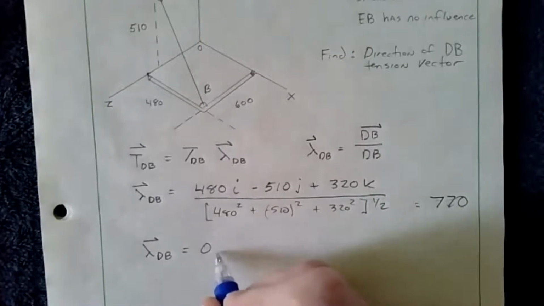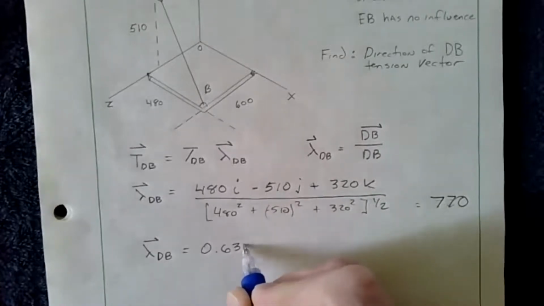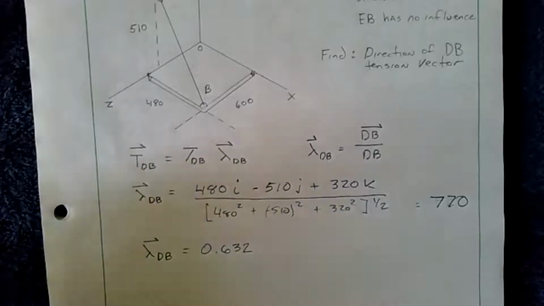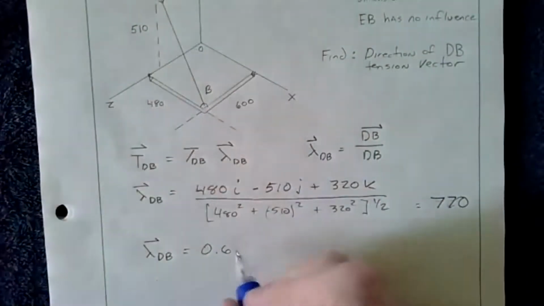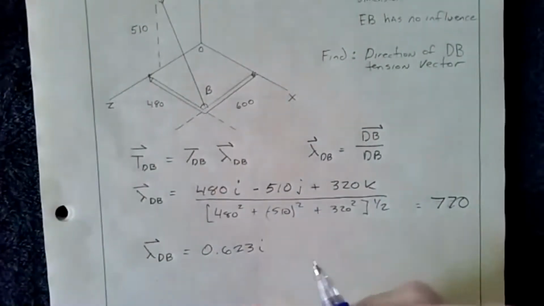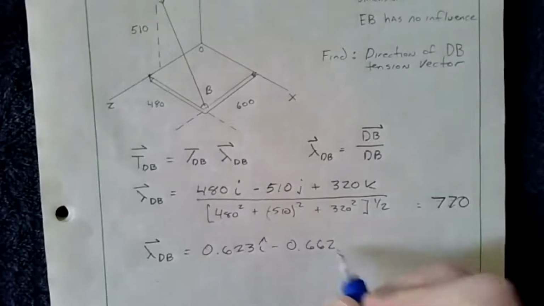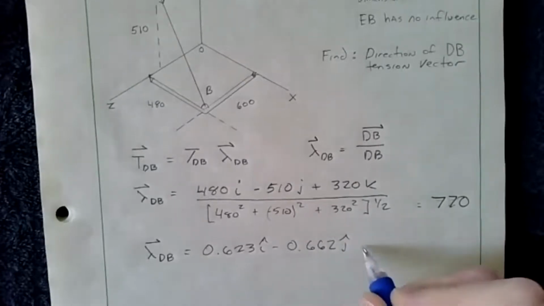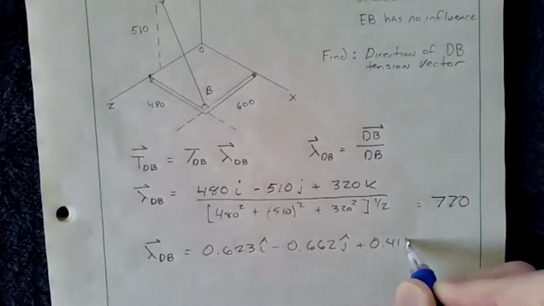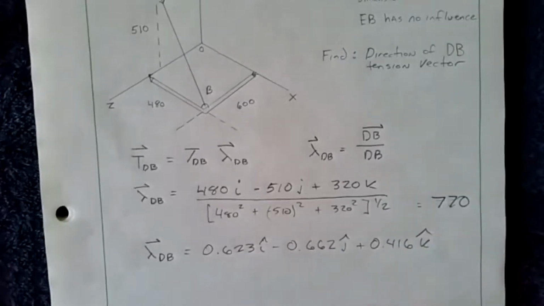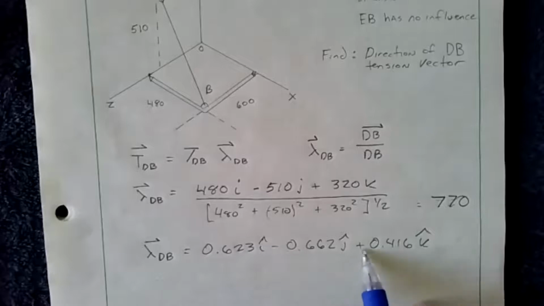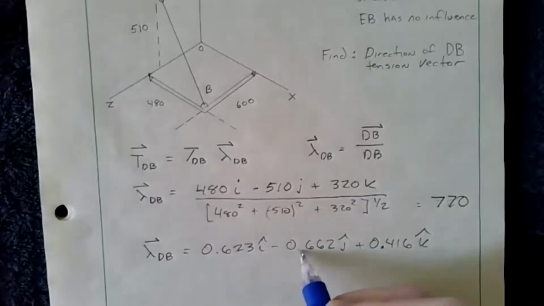If you do a decimal, I wouldn't keep more than 3 decimal places. So 0.623 i hat minus 0.662 j hat plus 0.416 k hat. And when you write decimals, please put a 0, because if you just leave it out, I can't tell if that's a fly speck or an actual decimal point. Whereas if you have a 0 there, there's no question.